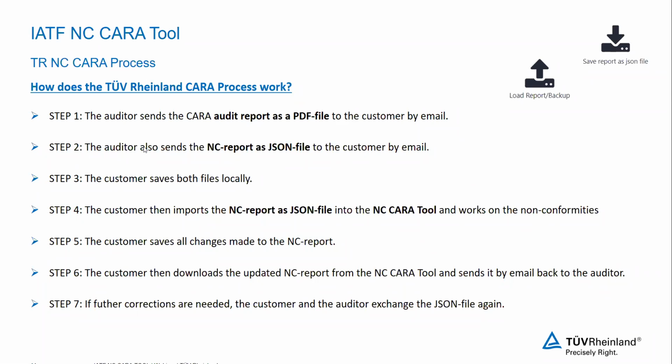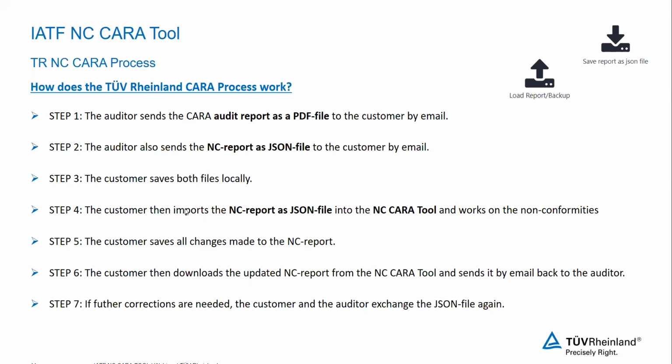Then the auditor will also send another file, the NC report, as this document file, this JSON file, to the customer by email. Like I explained before, this is a text-based file for transmitting data. Then the customer needs to save both files locally on your computer so you have them available.